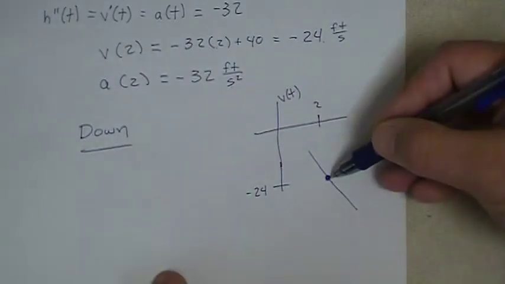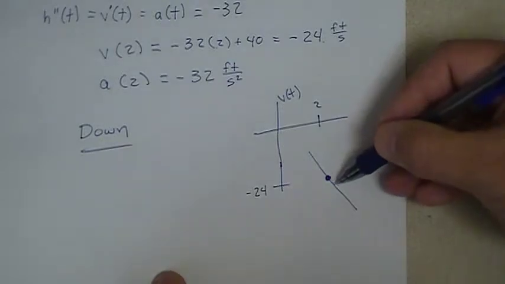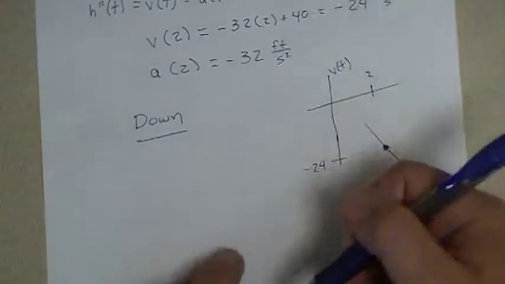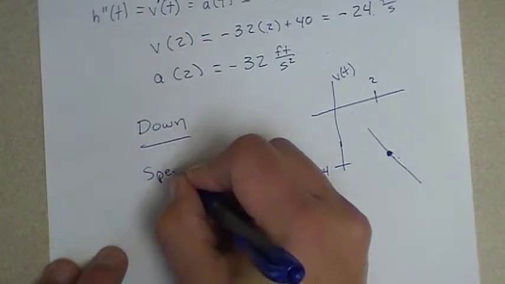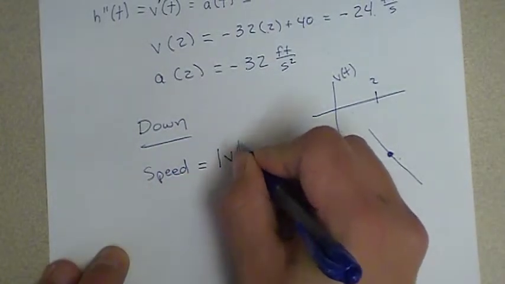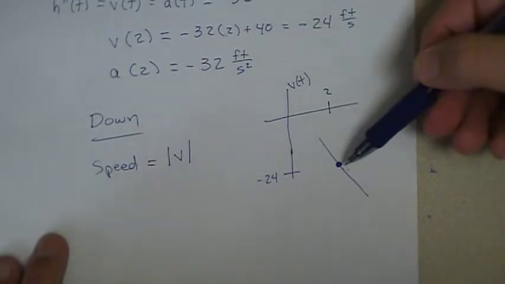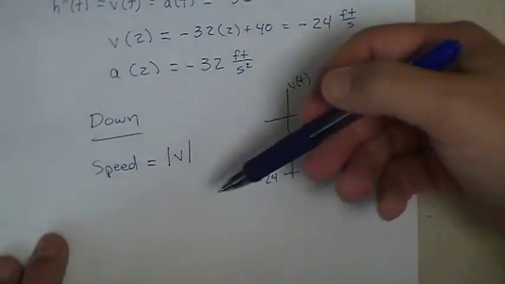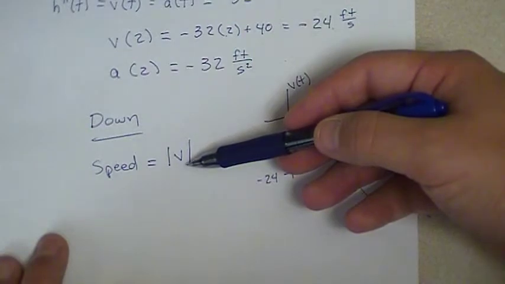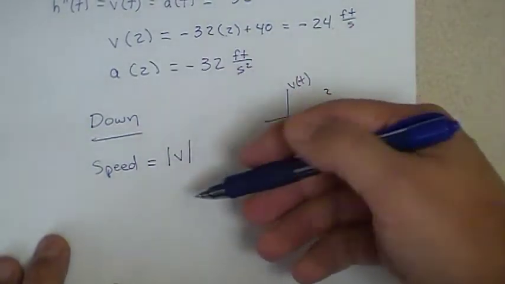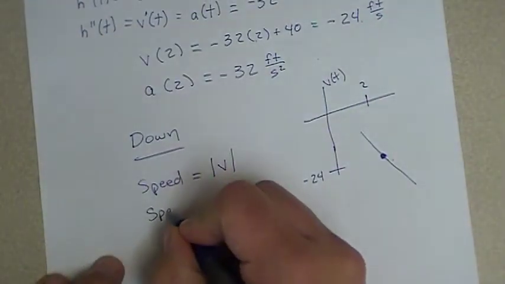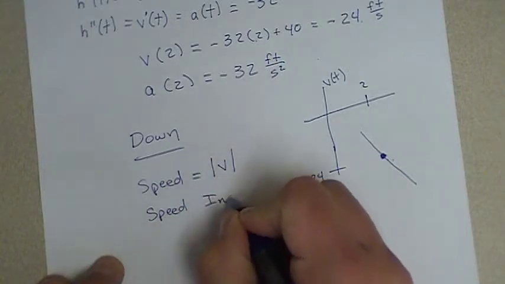Because velocity is negative and becoming more negative, and speed equals the absolute value of velocity, since velocity is moving away from 0, the absolute value of it is getting larger, and therefore speed would be increasing.